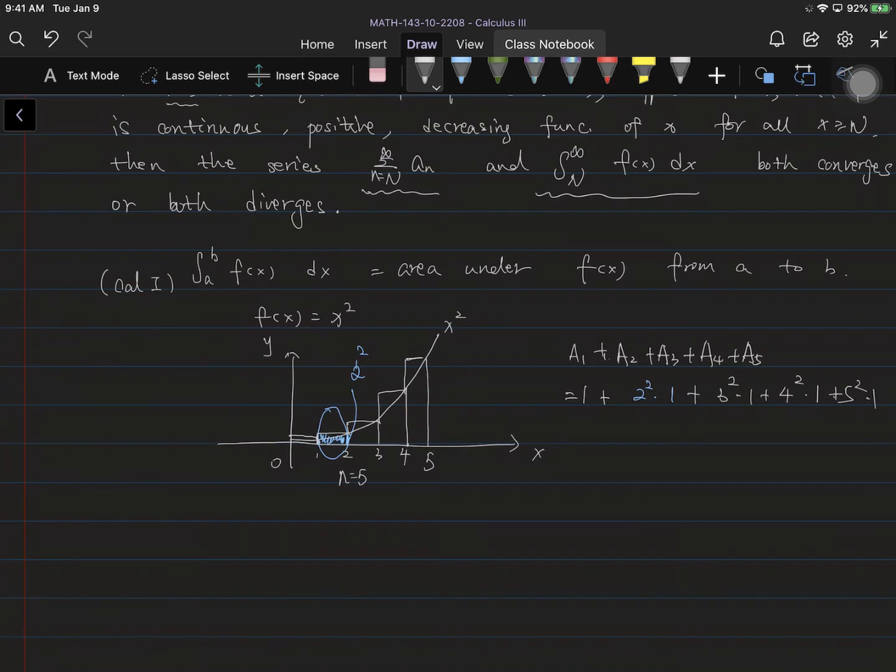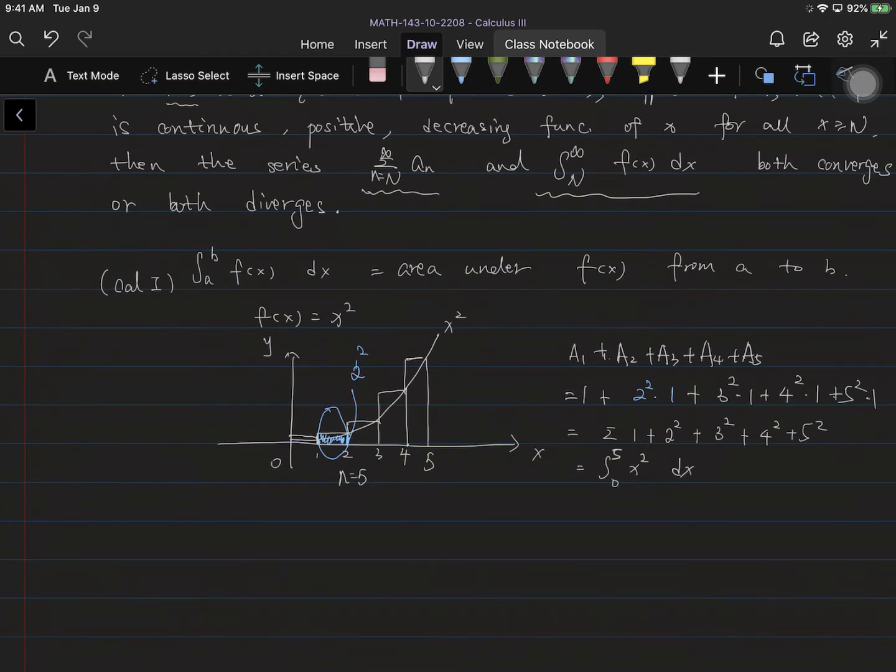So you can see, if we write this down as a series, it's 1 plus 2 squared plus 3 squared plus 4 squared plus 5 squared, something like that. We use this to estimate the integral, and we can write it as the integral from 0 to 5.